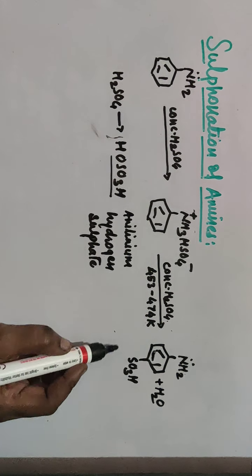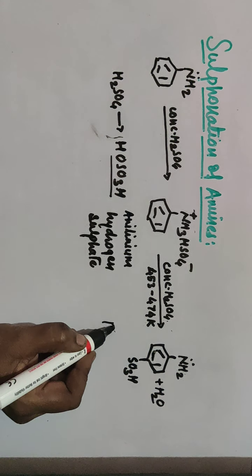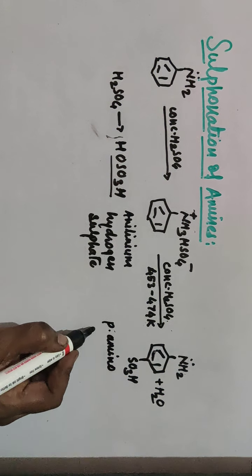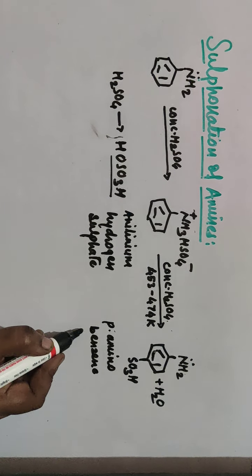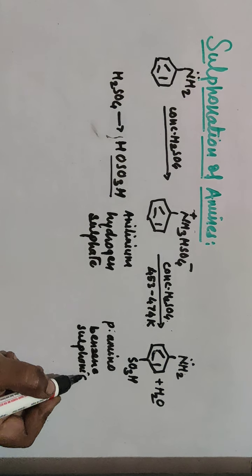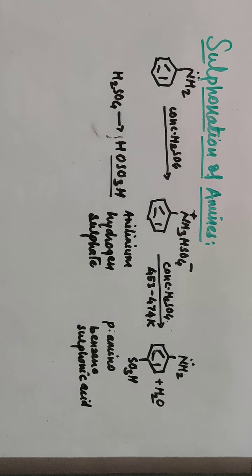So name of this compound is what? At para position there is an amino group, so it is para amino benzene sulfonic acid.